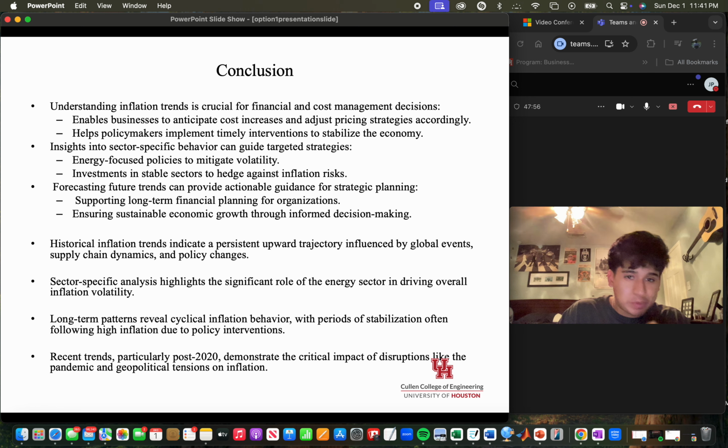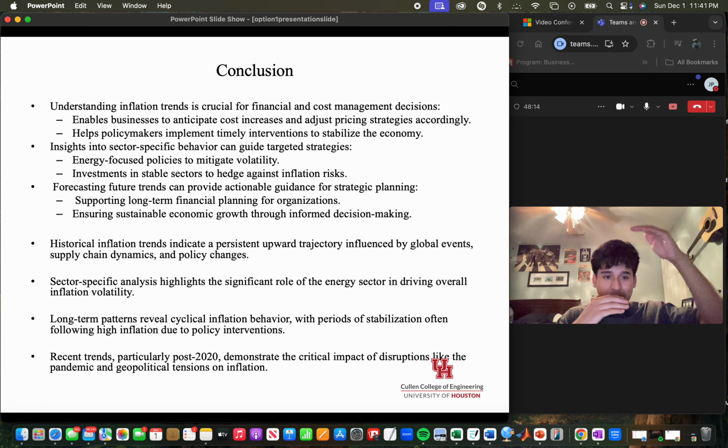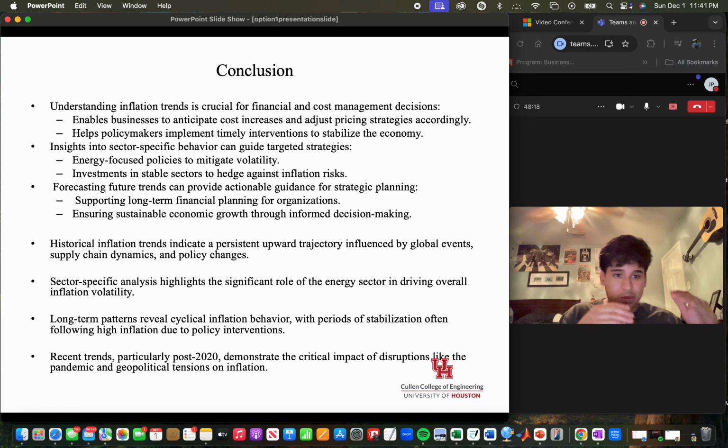It's basically what keeps us financially stable, what governments use to know what to implement, so that we can keep the cost of living bearable. Right now the cost of living is getting a little bit away from us. It's really high. Forecasting can help the government maybe bring it down, make it more bearable to live.